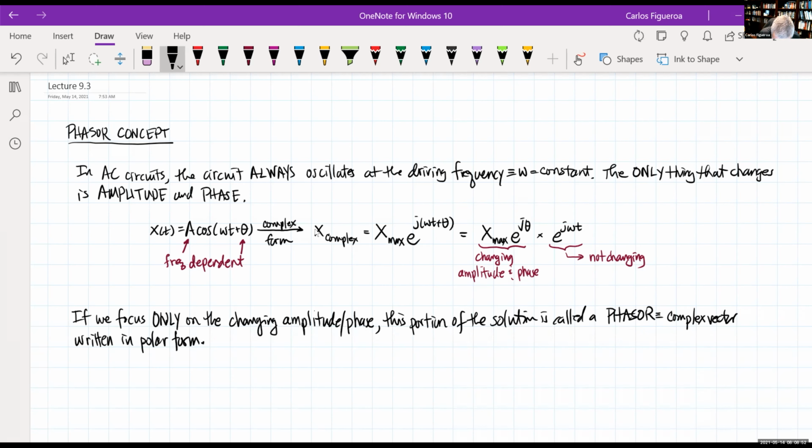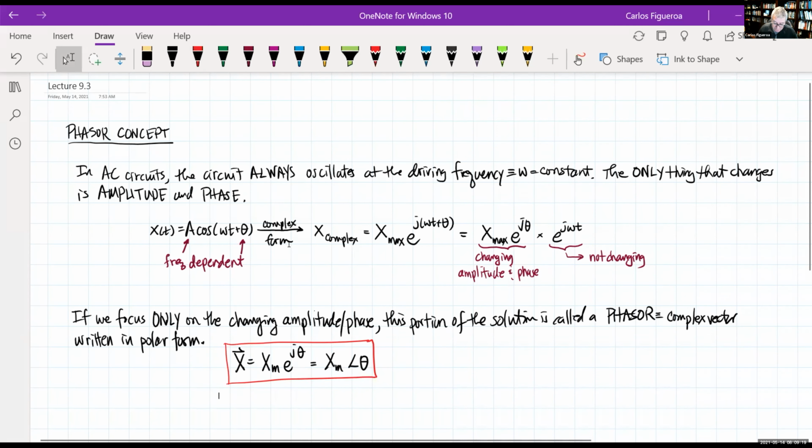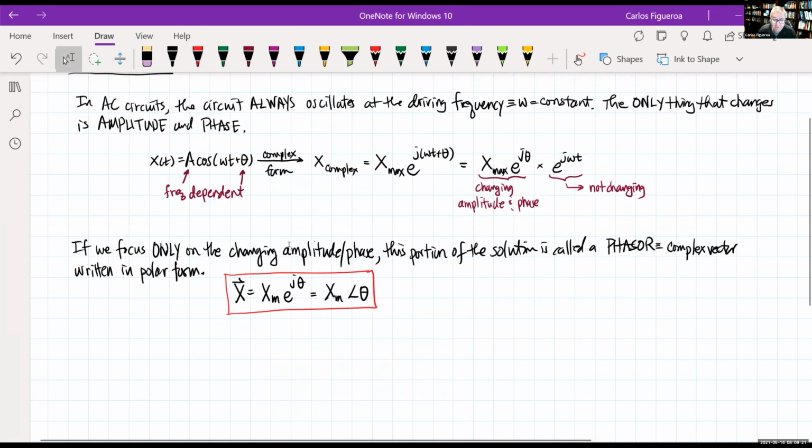When we write this complex vector, we'll typically write it with an amplitude, e to the j theta, and it's very common to also write it like this. So this is our definition of a phasor: a complex vector in polar form. And so what you're seeing is that we can move very easily between solutions.